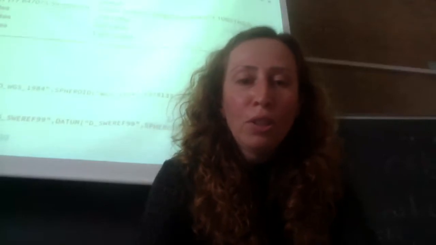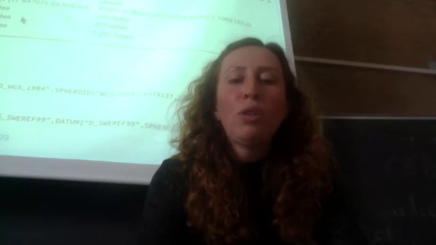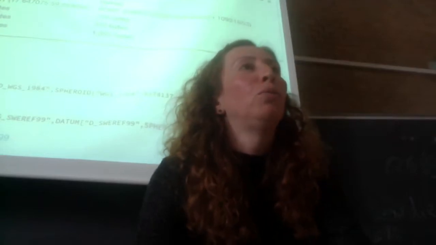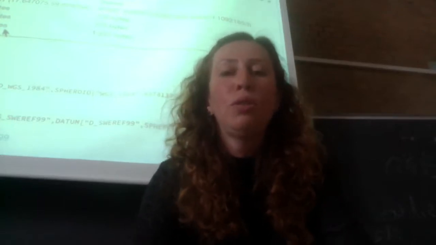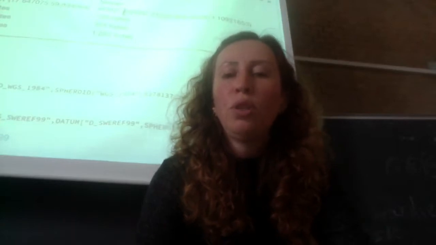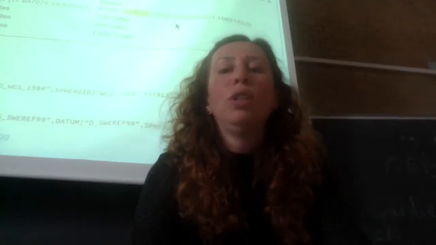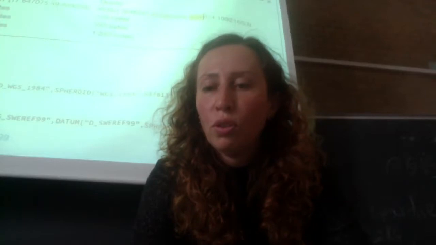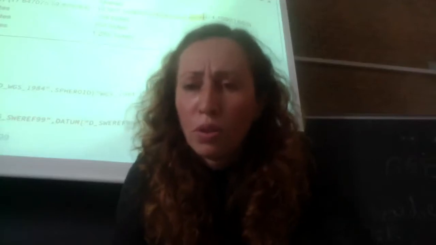Just to show you the differences, I show you here several types of files: the shapefiles, the GeoJSON file, and the well-known text. I also show you how the well-known text looks. This is WGS84, the geographic system in decimal degrees, and this is the SWEREF system in meters. You can see that you get 600,000 meters east and 6,600,000 meters north.